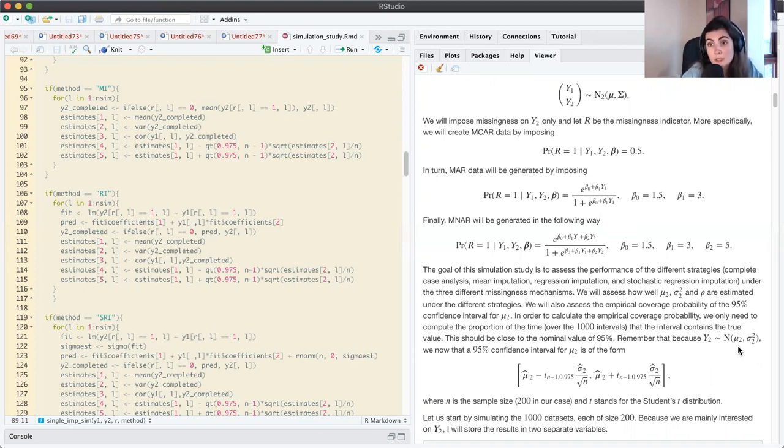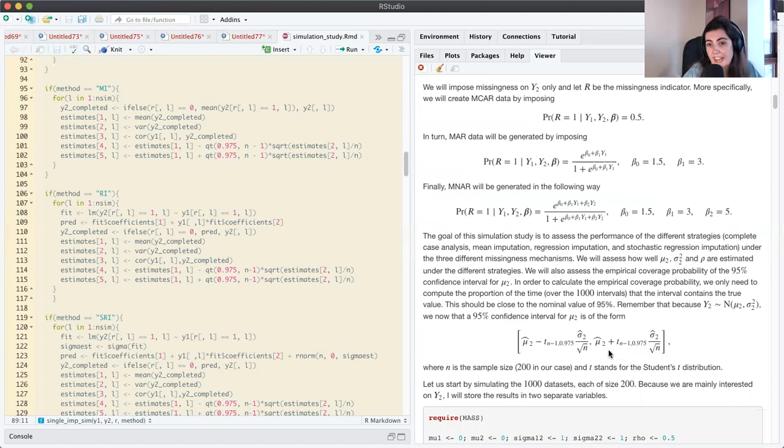So I know from stats 101 that a confidence interval for the mean takes this form, okay? Where n is our sample size and t stands for the t distribution, and this quantity t of n minus 1 are the degrees of freedom of the t distribution, and here is the quantile for the 95% confidence interval. Basically, that's it. And here are the estimates of the mean and of the variance, so the sample mean and the sample variance.